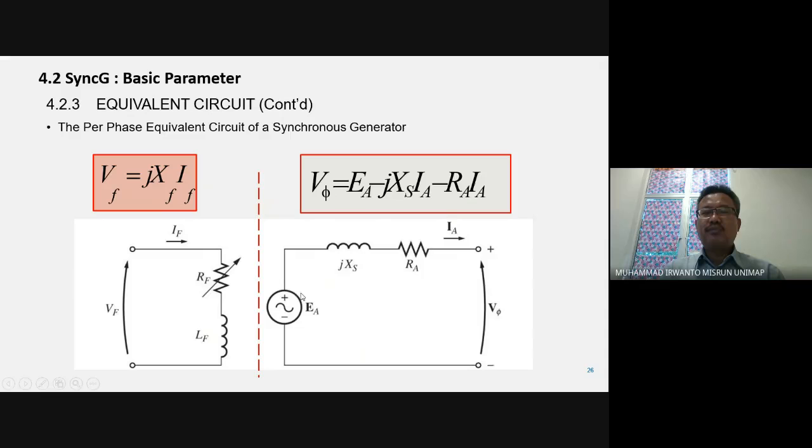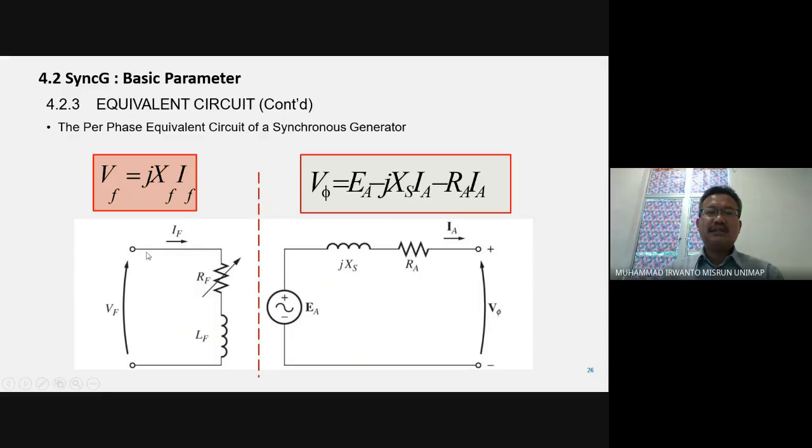The formulation for the stator is given by V phase equals EA minus jXs IA minus Ra IA. This is the phase voltage or terminal voltage. Remember, the internal generated voltage here is higher than the phase voltage here.